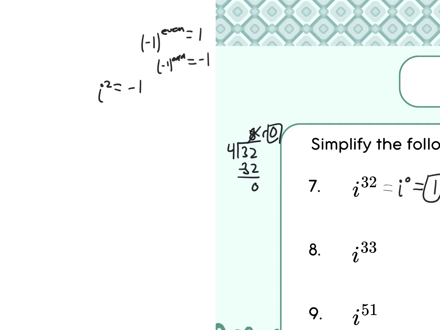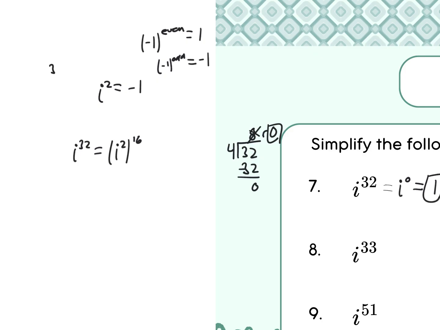So I can change i to the 32 to be i squared to the power of something else. Remember, another property of exponents is a power to a power: you multiply the powers. So I'm trying to think, what can I multiply by 2 to get 32 in my exponent? That's 16.